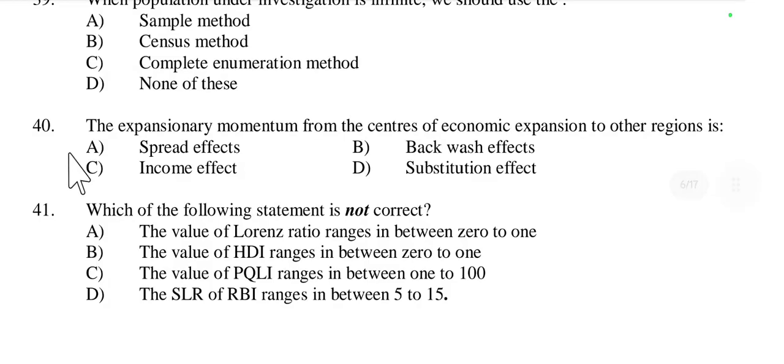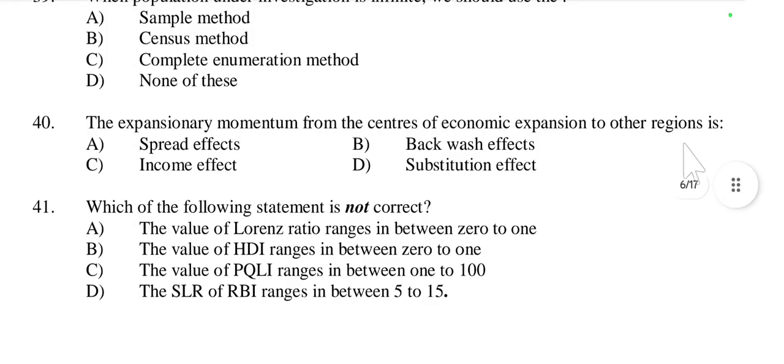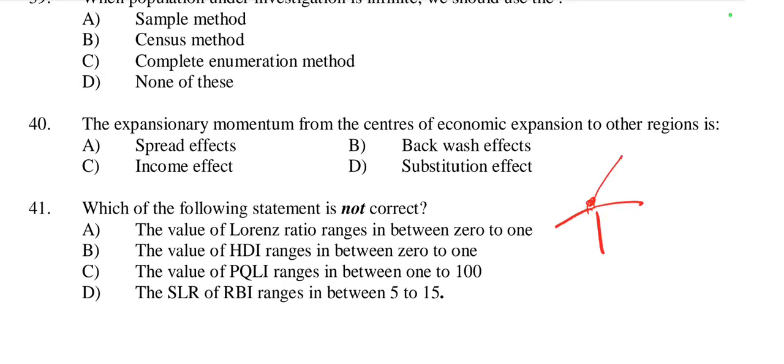Then today's last question, question number 40: the expansionary momentum from the center of economic expansion to other regions is called the spread effect, backwash effect, income effect, or substitution effect.